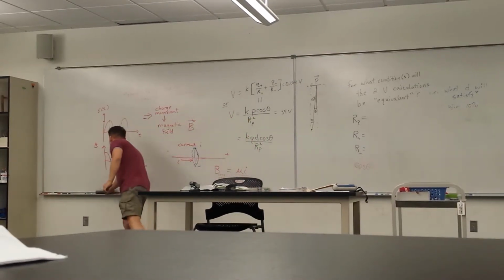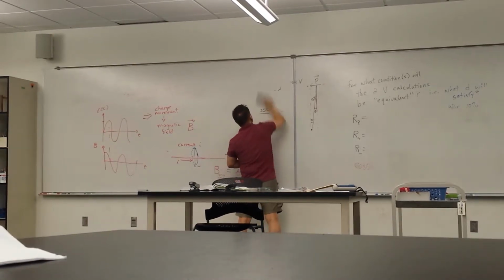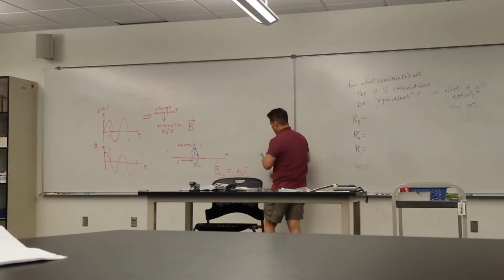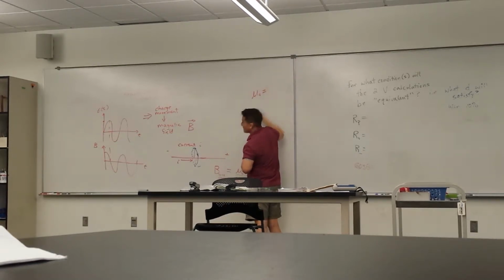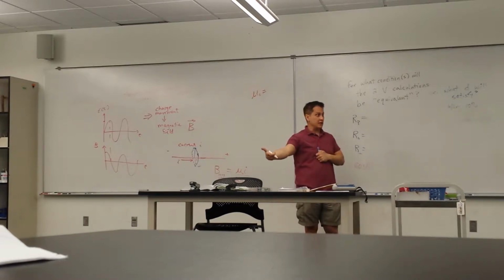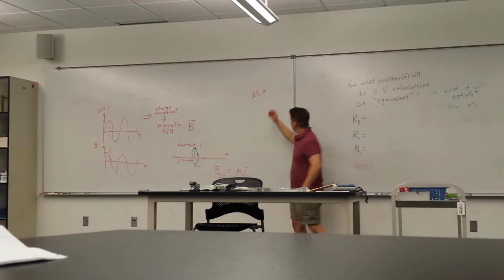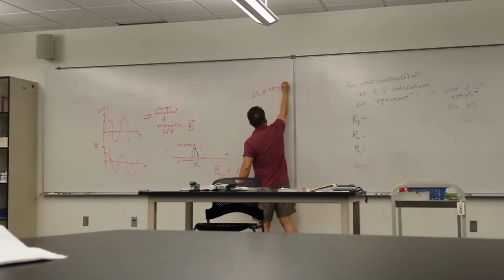So, let me erase some of this stuff and clarify some of these things. Okay, so to begin with, mu for magnetic fields is the fundamental constant in the same way that epsilon naught is the fundamental constant for electric fields. It has a value of 4 pi times 10 to the negative 7th, I believe.